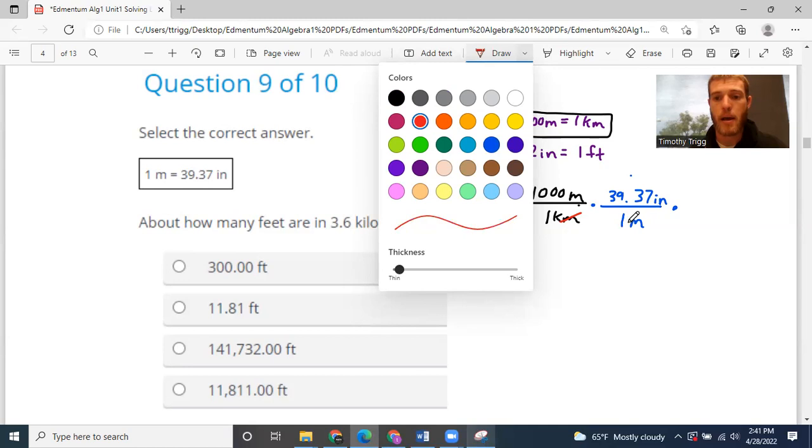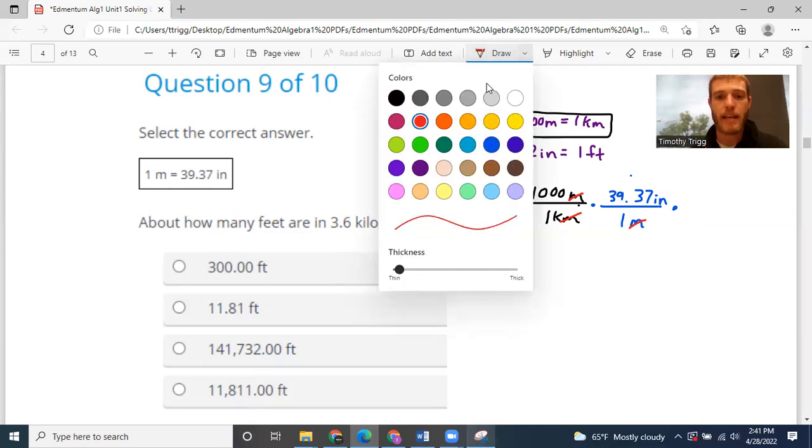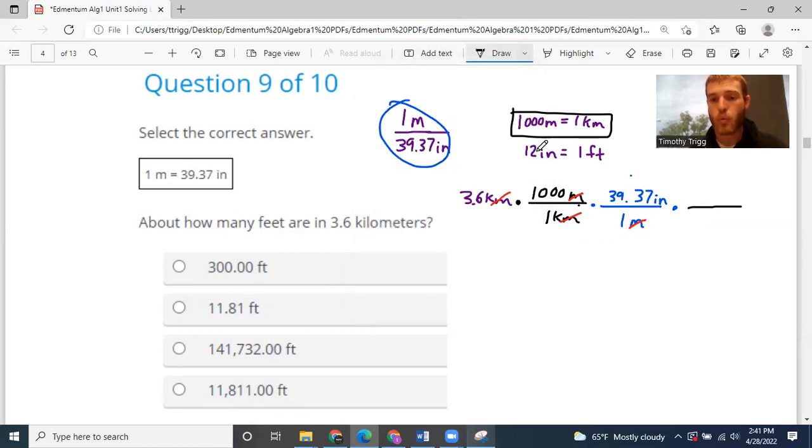Notice that means my meters cancel. That's good. Now I need inches to cancel because I want to be left in feet. So I'm going to multiply by 12 inches is 1 foot. Should I put the 12 inches on top or on bottom? Well, the 12 inches goes on bottom to cancel with this inches. Top cancels with bottom. So that's 1 foot.